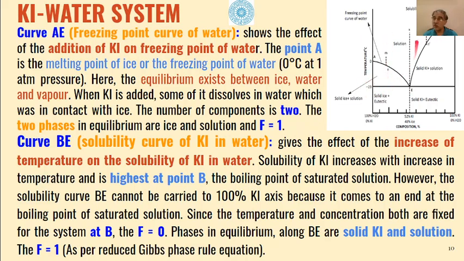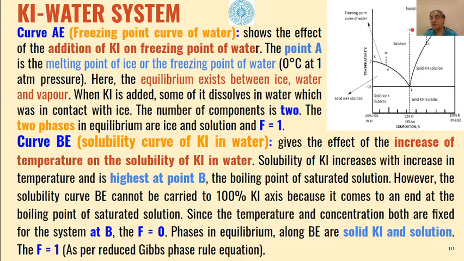So all along at different points we can have different types of equilibria. For example, when we move from M to N, at point M we will have a solution of potassium iodide, that is potassium iodide dissolved in water. As soon as we reach point N, along with the solution we will have solid ice also.